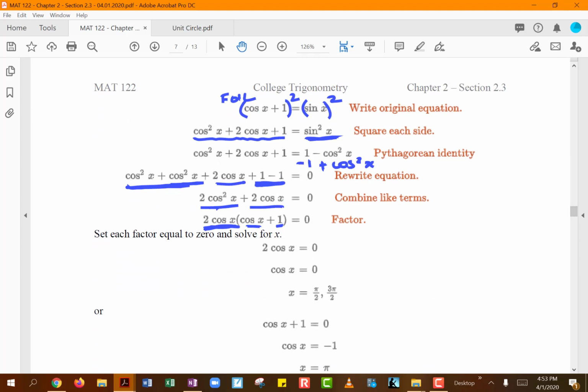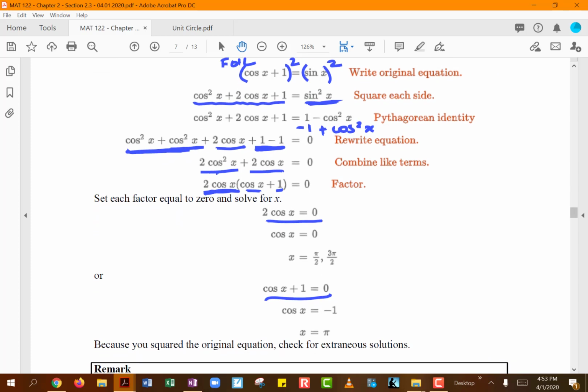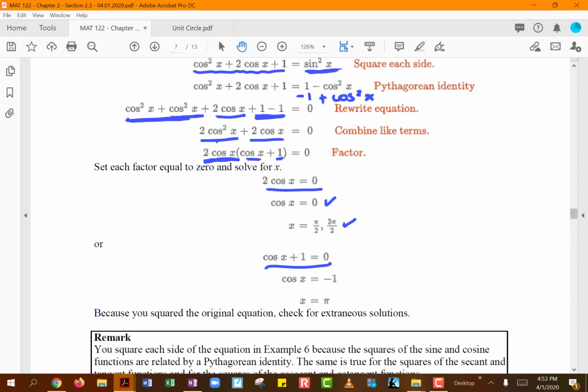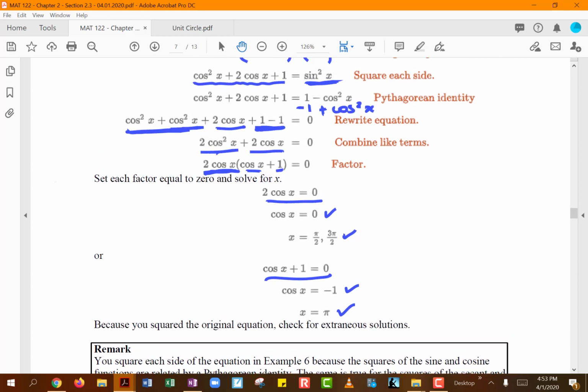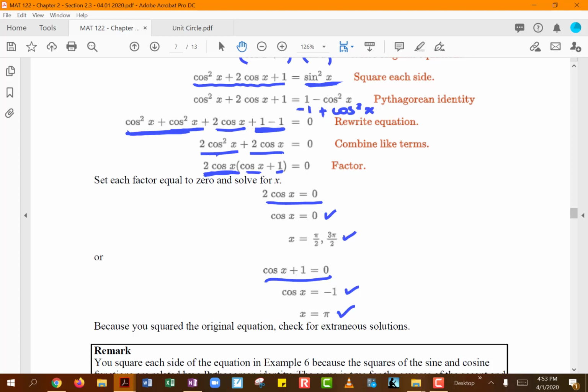Okay? Take each factor, set it equal to 0, and then find out what your answers would be. For cosine of x equal to 0, you get x equals pi halves and 3 pi halves. For the second factor, you get cosine of x equals negative 1, and for that, your x value will be pi. Okay? Now, you're getting 3 different answers from here.